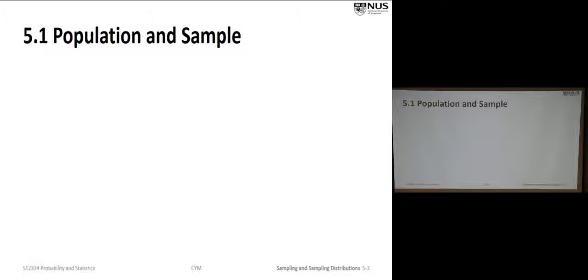For example, I want to know the average CAP for this group of students taking ST2334. Then what I do is take a sample. Let's say take 30 students from this group and look at their CAP. Then how do we link this group of students' CAP with the population mean?